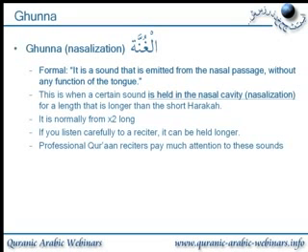When we say nasalization, in English you could effectively think of it as humming. If you hum, you'll notice your tongue isn't really involved and the sound is being moved around in your nasal cavity, i.e. in the nose.